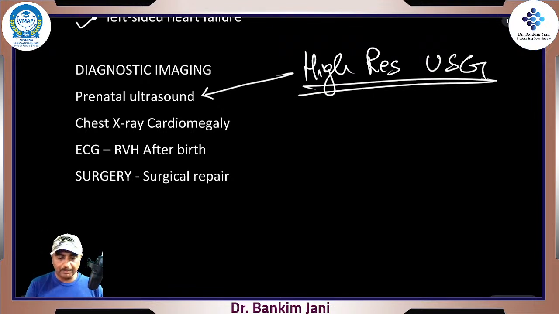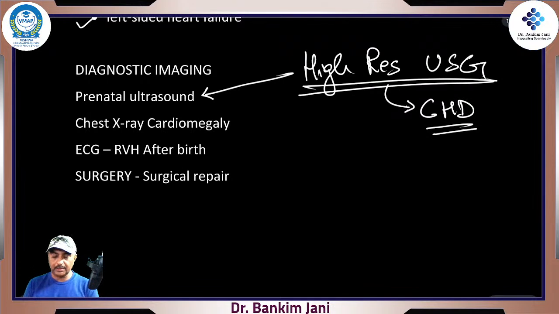Nowadays it has become a practice, prenatal ultrasound, and in that, for CHD, congenital heart disease, especially transposition of great vessels and hypoplasia of left heart, this is to be seen very properly. That's why proper chamber measurement and their volume, everything is measured.